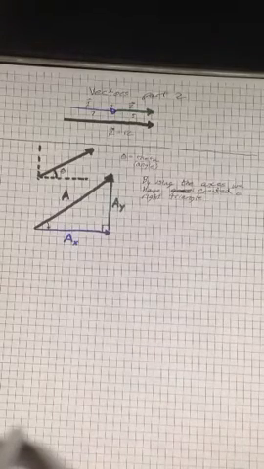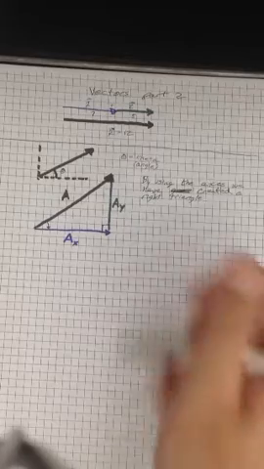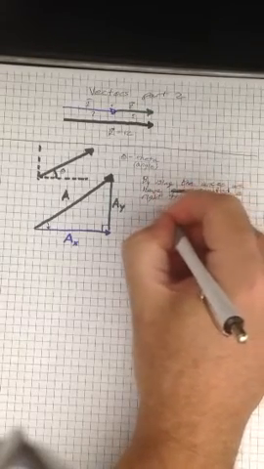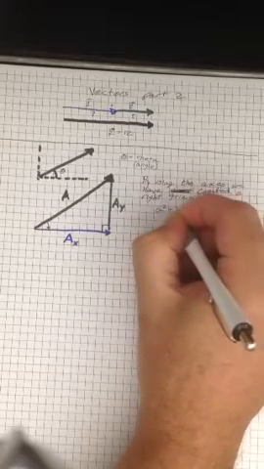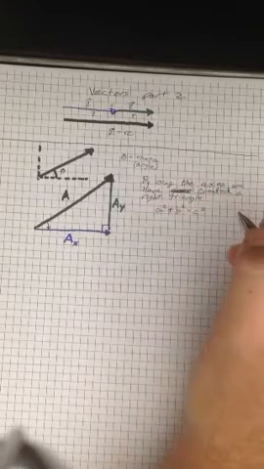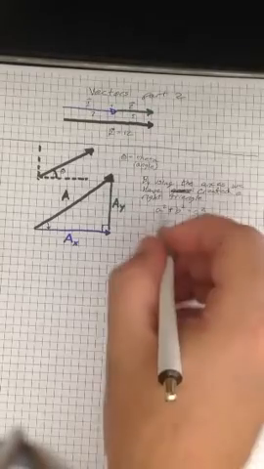Okay, so remember the Pythagorean Theorem. a squared plus b squared equals c squared. It's something that you guys should have learned already in the past.